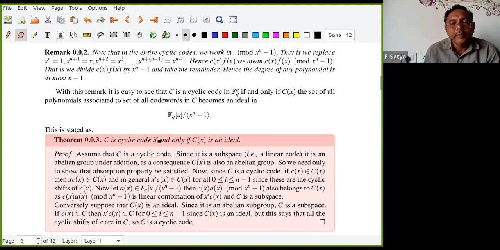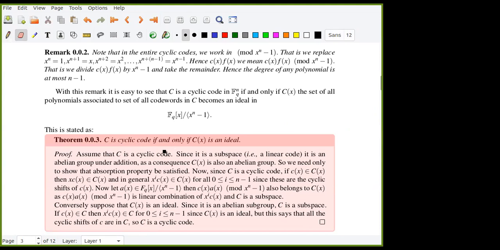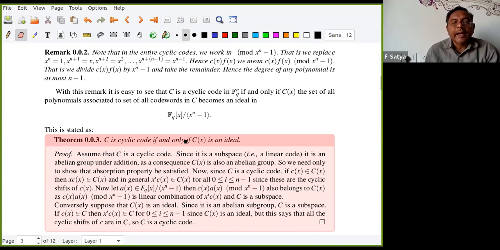The proof, of course, we will do. You understand the statement. Yes, cyclic codes are related to ideals: C(x) is an ideal if and only if C is cyclic. It is a beautiful part. From this theorem onwards, we will work only in Fq[x]/(x^n minus 1), and we will consider cyclic codes, meaning ideals.